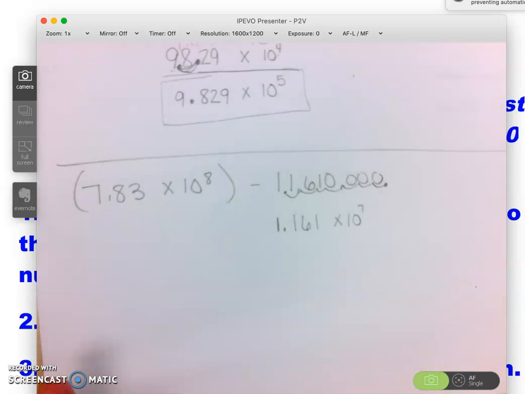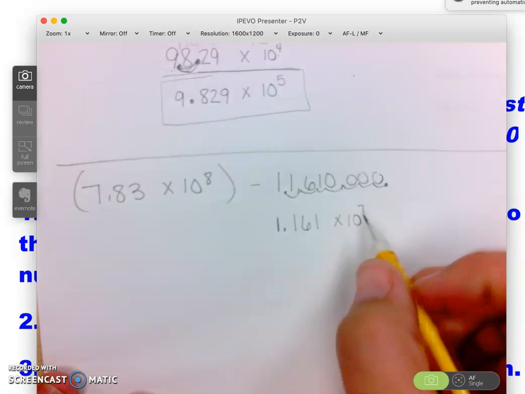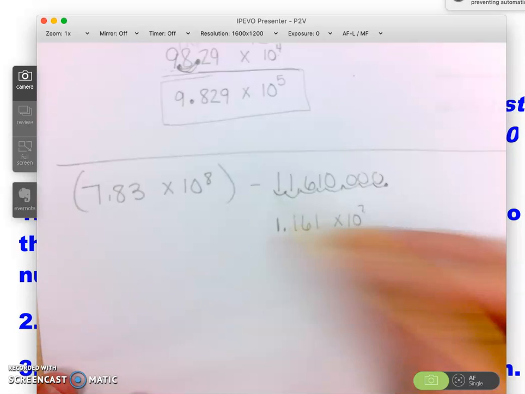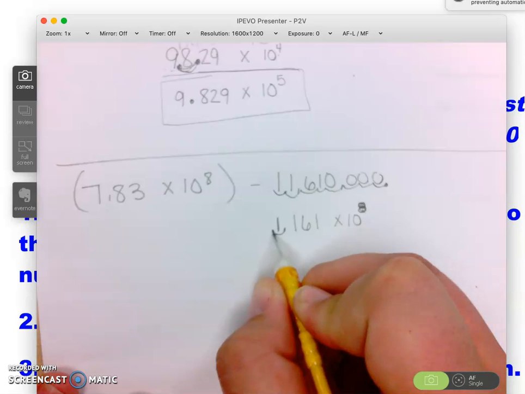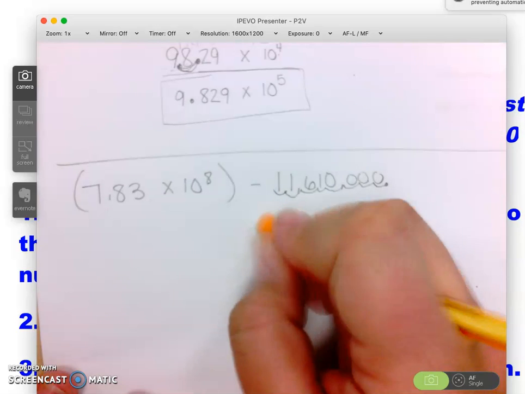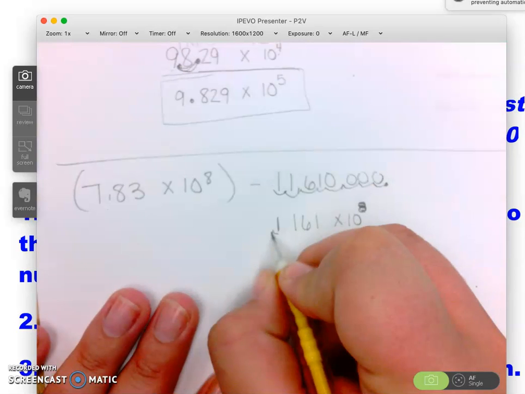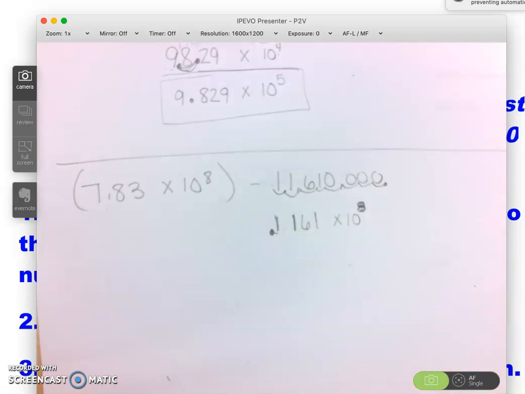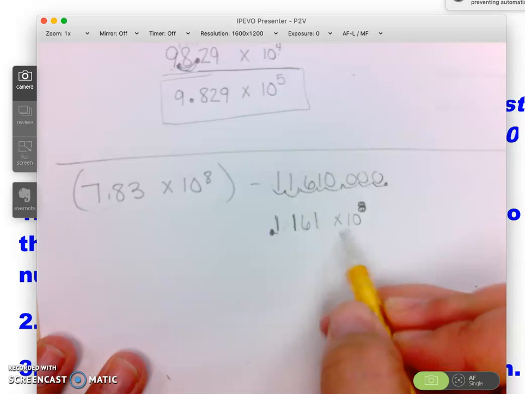Now, I see that 8 and 7 are not the same, so I actually want to make this an 8, so it's going to go one more to the left. I should have seen that right away, but I was just a little quick, and that's okay. So my number is decimal point 1161 times 10 to the 8th.